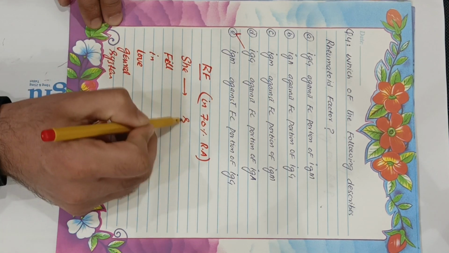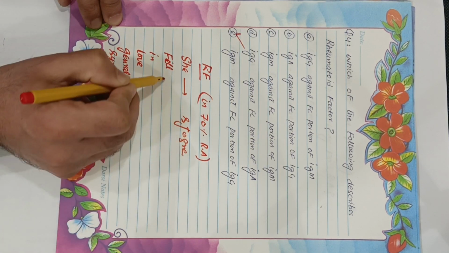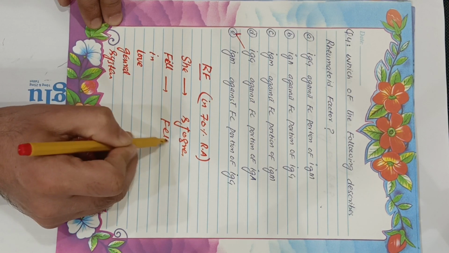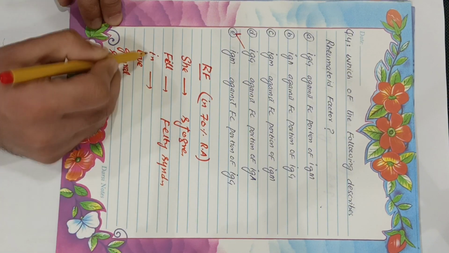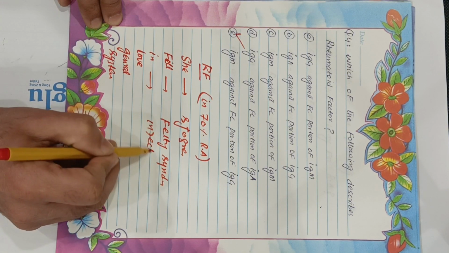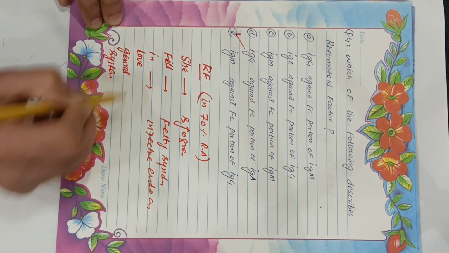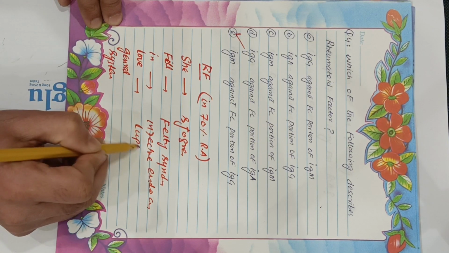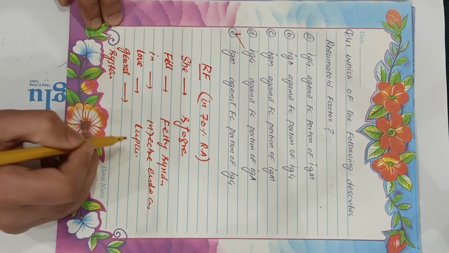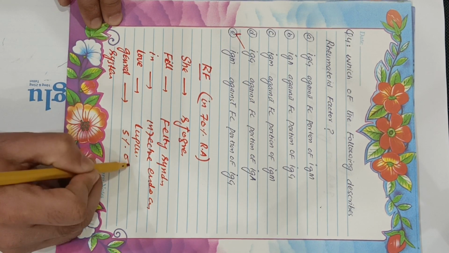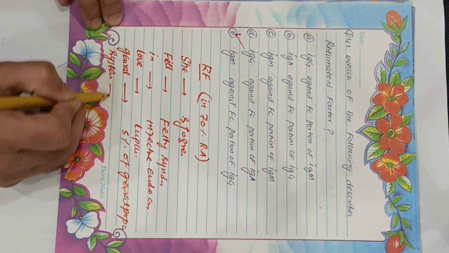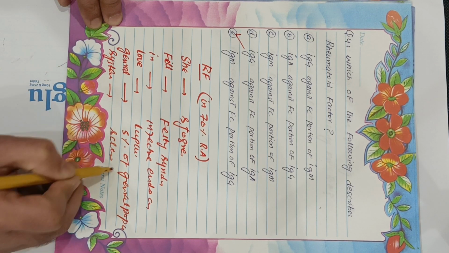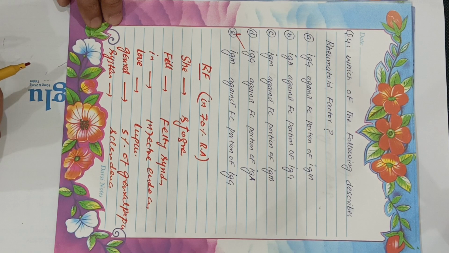She means Sjogren syndrome, feel means Felty syndrome, in means infective endocarditis, love means lupus, systemic lupus erythematosus, general means 5% of general population, and system means scleroderma. So these are the conditions in which the rheumatoid factor will be positive.